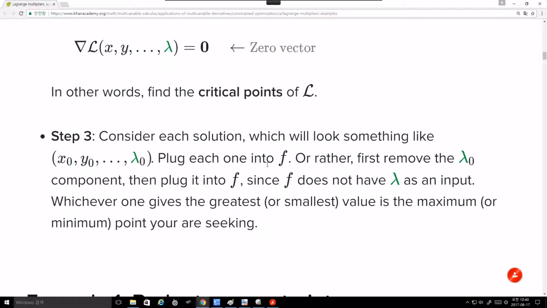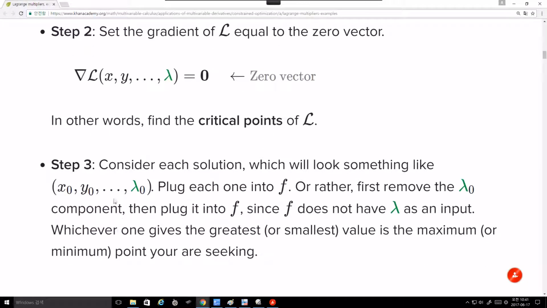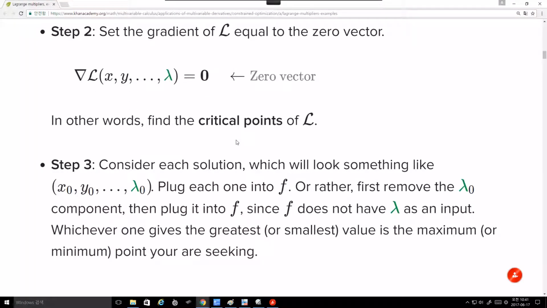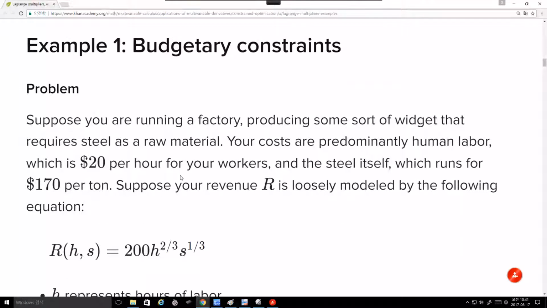We plug each one into f, first removing the lambda component, since f does not have lambda as an input. Whichever one gives the greatest value is the maximum point you are seeking. So once you solve this, you have a bunch of solutions. Then you plug them into the original objective function, and you can tell whether we have a maximum, minimum, or saddle point. Now this is an economics example.